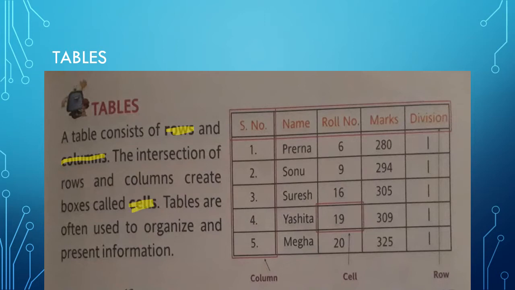Just see, these are the rows and these are the columns, and when they intersect they make a cell. Tables are often used to organize and present information. So this is the use of a table.